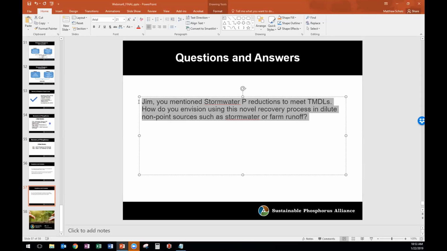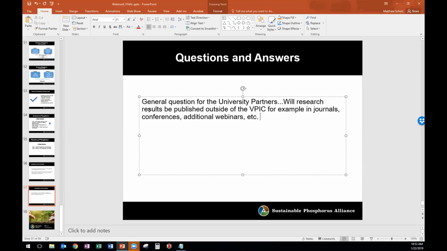Okay, great. We've got another one here. Maybe Raju, you can address this one. Will research results be published outside of the challenge, for example, in journals, conferences, additional webinars? Yes. This project is one component of my research, but we are developing these membrane systems to recover nitrogen and phosphorus, and also evaluate the pathogen reduction and so on in my laboratory.